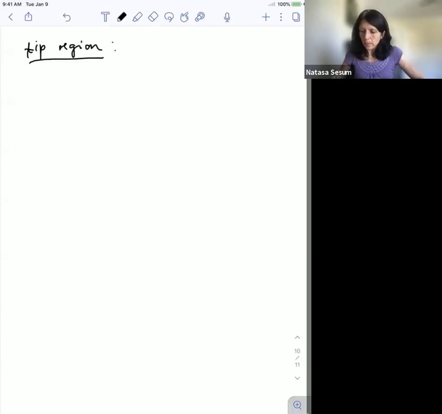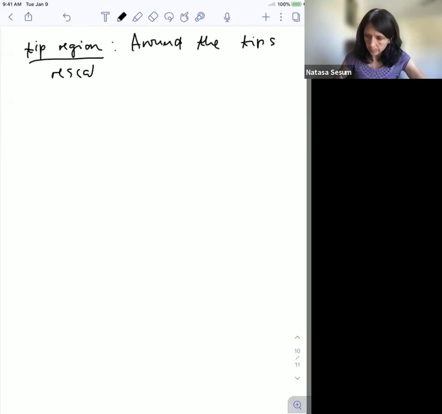Okay, and I will say that around the tips, which are the points of the maximum mean curvature, and the points where the profile function u is equal to 0, around the tips, rescale by h max of tau, because at the tips this h max is actually attained.